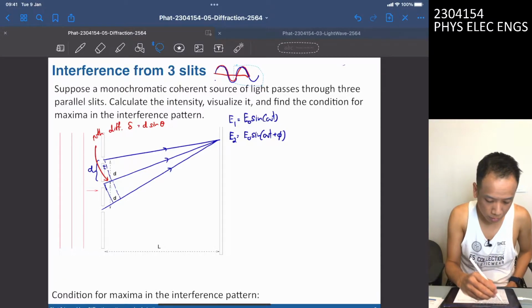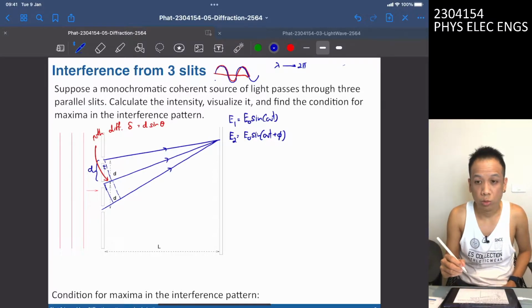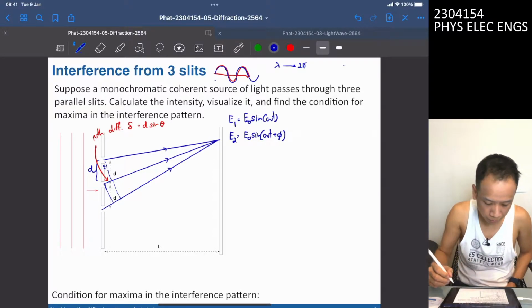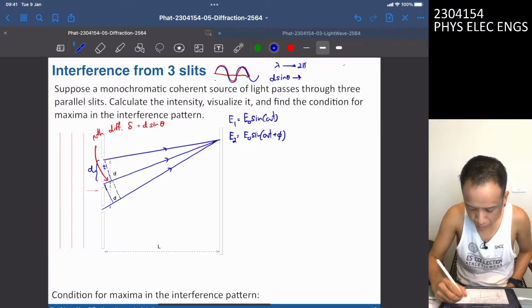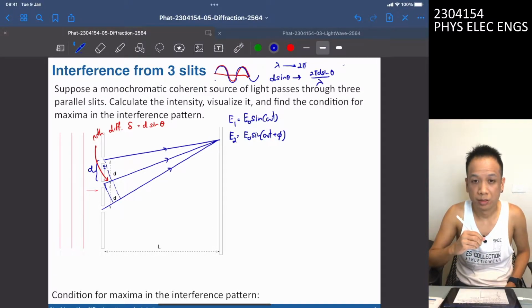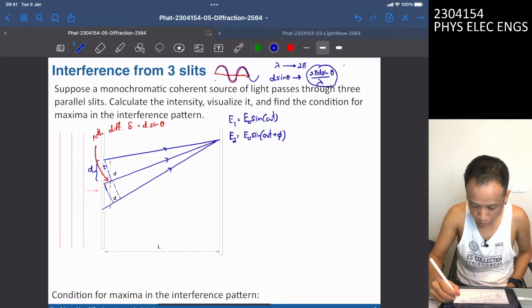So you know that a path difference of lambda corresponds to a phase difference of 2 pi. In this case, you have d sine theta, so it corresponds to 2 pi d sine theta over lambda. This is the phase difference, and this is what we're going to use here.